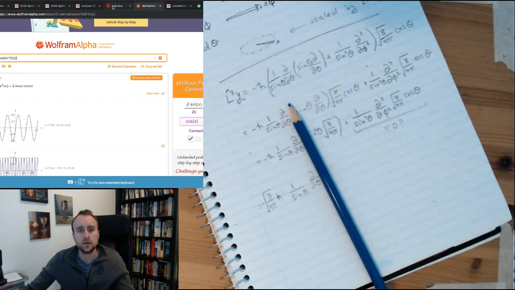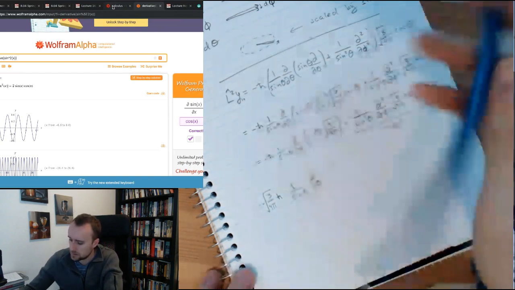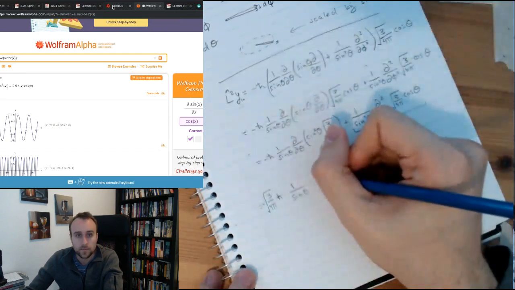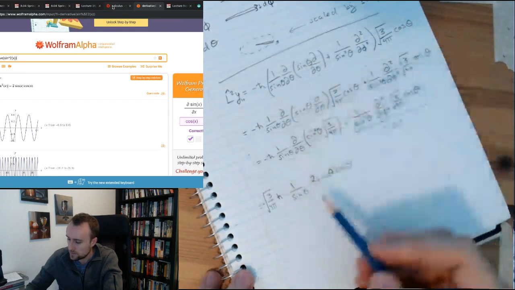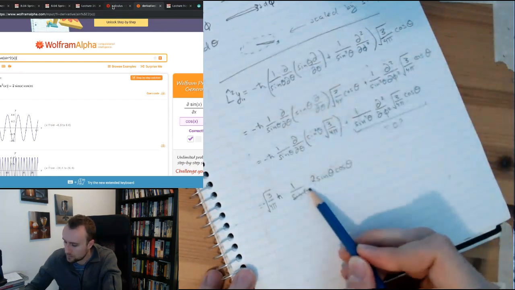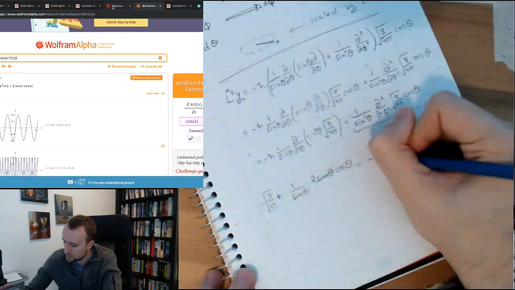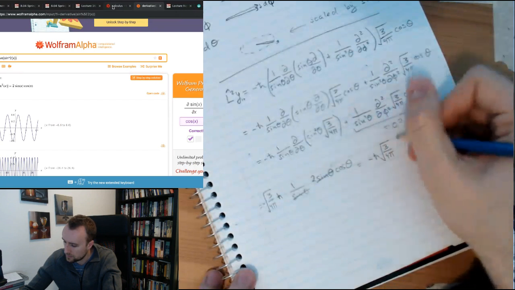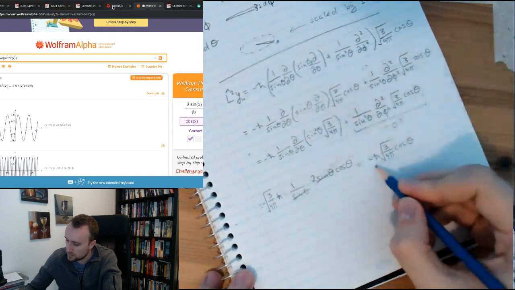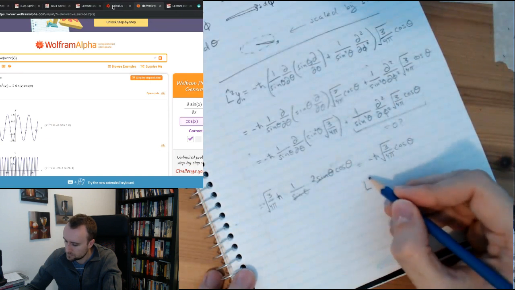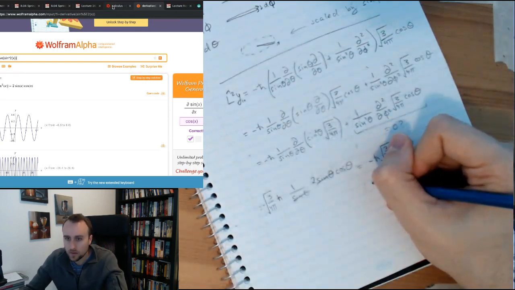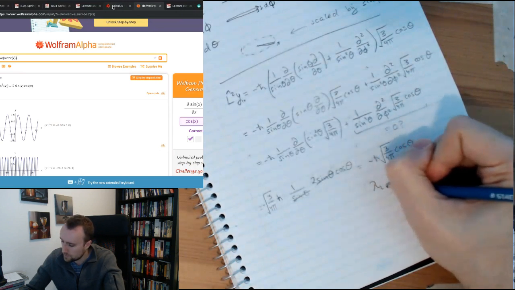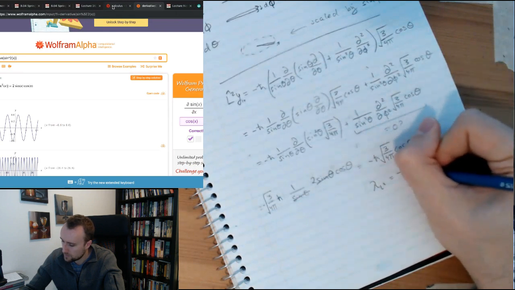Let me check. 2 cosine x. So these cancel, and we're left with minus h bar a over 4 pi cosine theta, h bar.